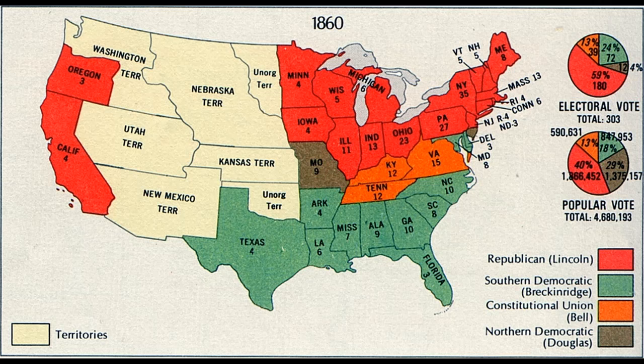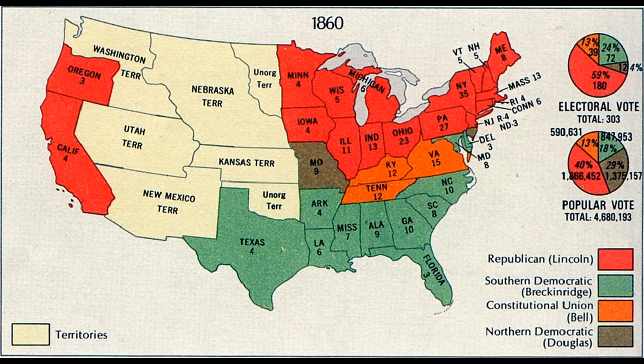Lincoln also would have still most likely won the popular vote. He ended up with around 40 to 45% of the popular vote, and we have to imagine that some of those protest votes, for instance, in the Constitutional Union, would have gone to Lincoln. So Lincoln still would have won the popular vote or been very close.